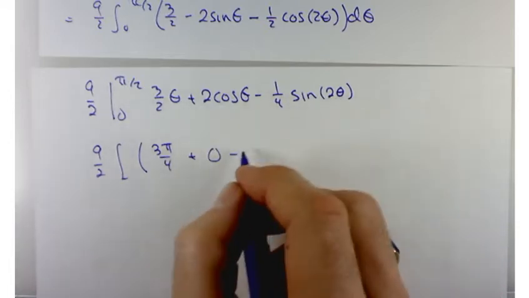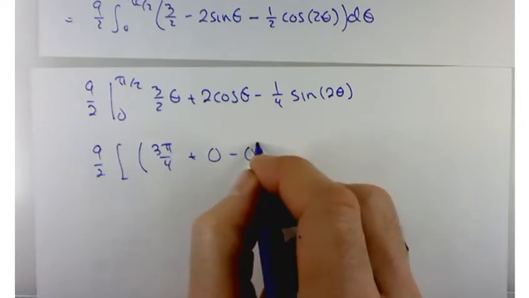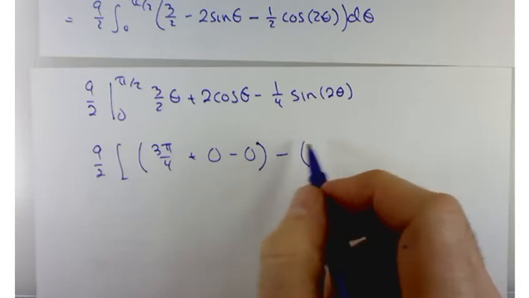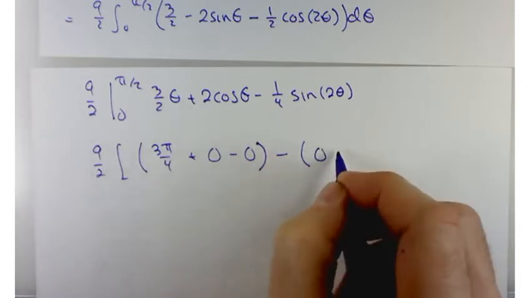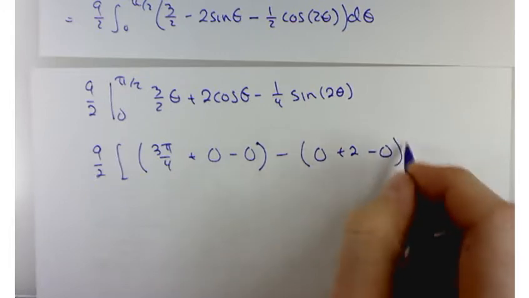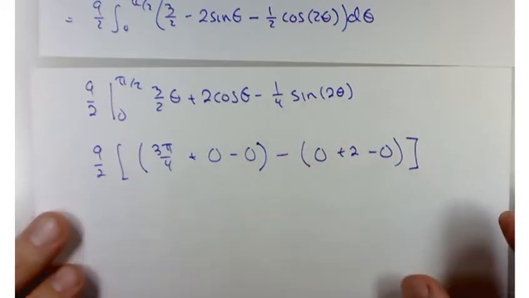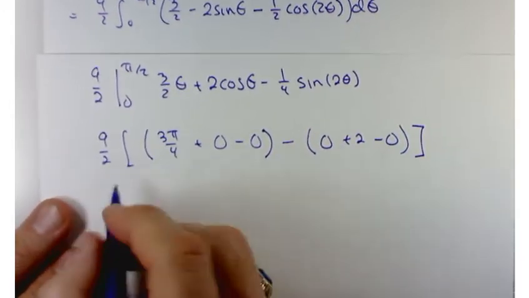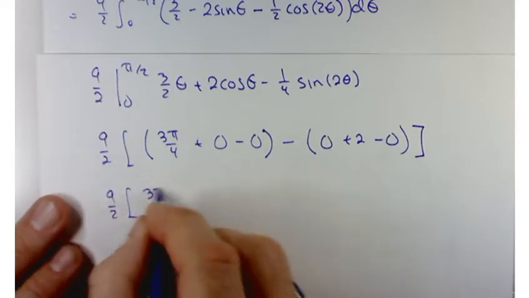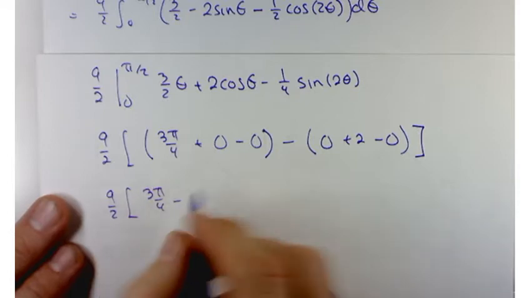Sine of that is also going to be 0, so 3 pi over 4, minus 0 plus 2 minus 0. So at least the evaluation of this was merciful. 9 over 2 times 3 pi over 4 minus 2.